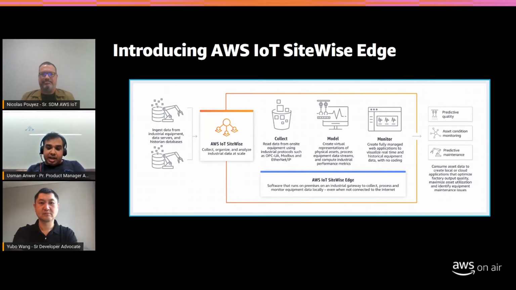So with SiteWise Edge, they can collect and process all the data locally instead of in the cloud, and serve it to their local monitor dashboards or any local applications that they might have developed. And what that does is that if the internet connection goes down, you still have all the data for the application to continue functioning.